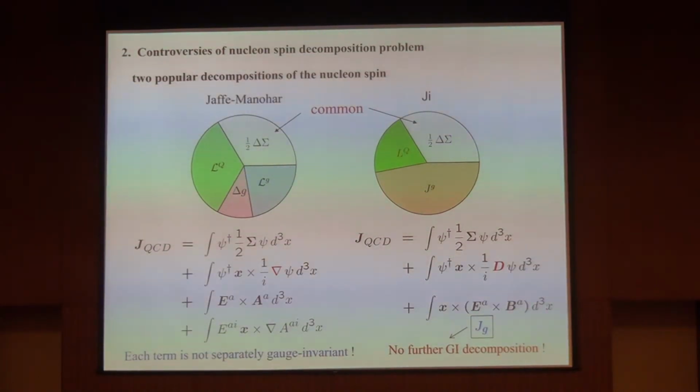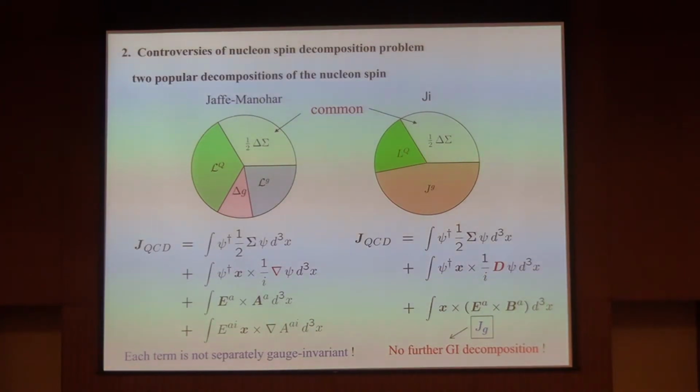There have been two popular decompositions of the nucleon spin. One is Jaffe-Manohar, and the other is Ji. In these two decompositions, only the quark spin part is common, and the other parts are totally different. The disadvantage of the Jaffe-Manohar decomposition is that each term is not separately gauge invariant, except for this quark spin part.